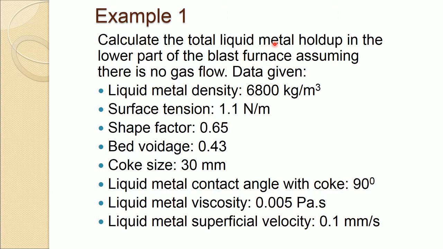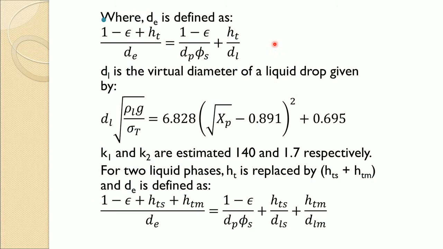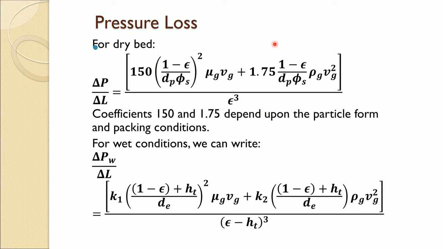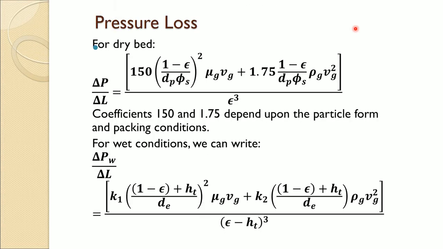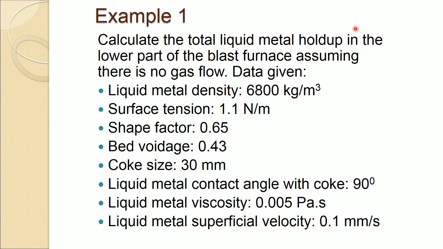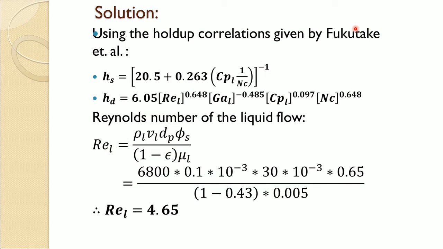And in absence of gas flow, as we know, the formulas for the static holdup and dynamic holdup are these. We can use these and most of the quantities are known. So, let us do that.